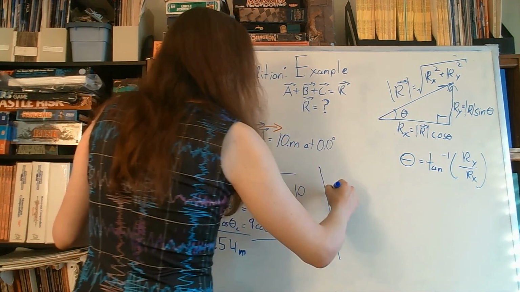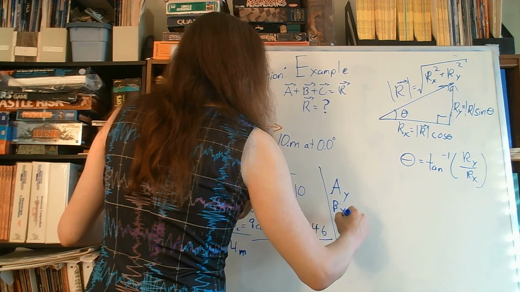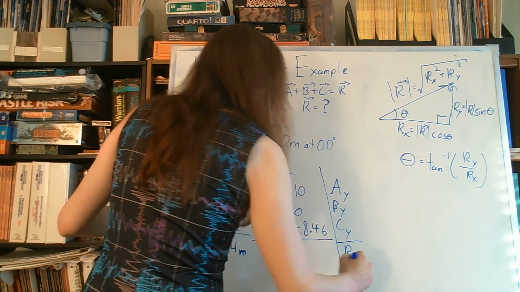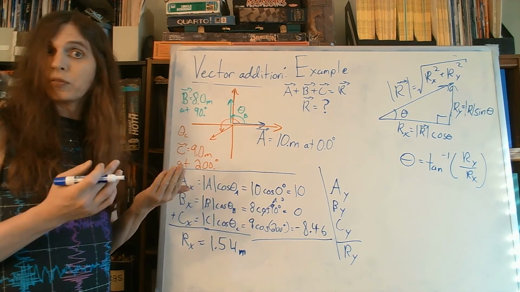So we're looking for the y component of A, the y component of B, the y component of C, to add to yield the y component of our resultant.